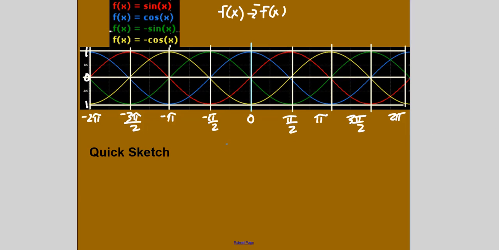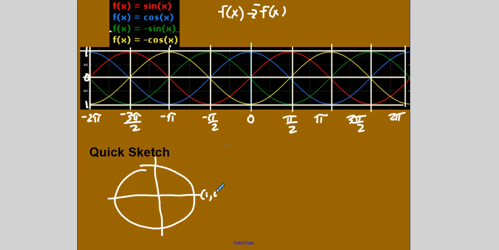Now let's do a quick sketch of the unit circle. I'm not going to completely repeat myself here, but the coordinates here are 1, 0, 0, 1, negative 1, 0, 0, negative 1. Any point on the unit circle, this is the x-axis, this is the y-axis. Remember, we drew a right triangle here. This is radius 1. There's your right angle.